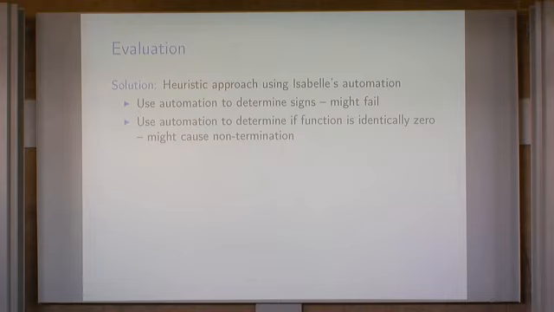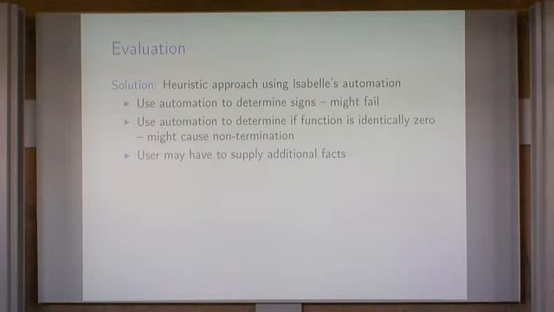And if it cannot prove it, then I just pretend that it's non-zero. And this doesn't cause any soundness problems, so I don't actually need the fact that it's non-zero. But if I assume that it was non-zero, but in reality it was zero, then my algorithm will run into non-termination because it will try to find a non-zero leading term of something that is identically zero, and that can of course never work.